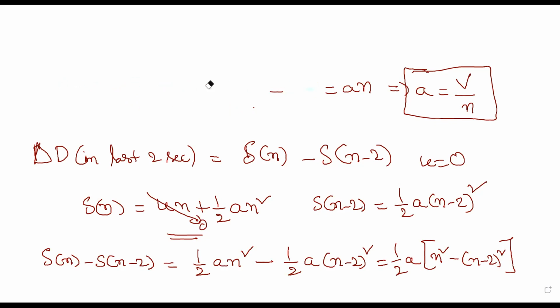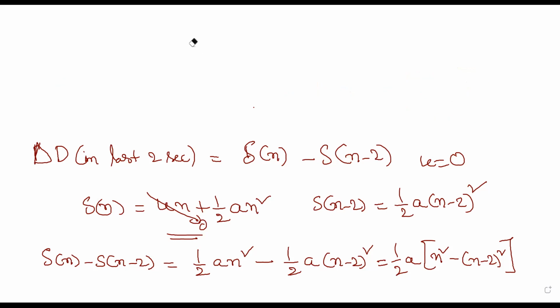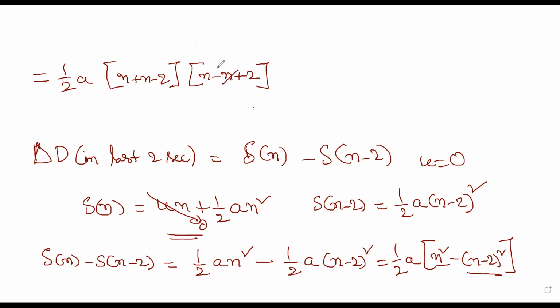And now you can apply the formula a square minus b square is equal to a plus b into a minus b. So let us do that here. So we have half a into a plus b, that is n plus n minus 2, that is the a plus b part, and n minus n plus 2, that is the a minus b part. n gets cancelled, n plus n is 2n.